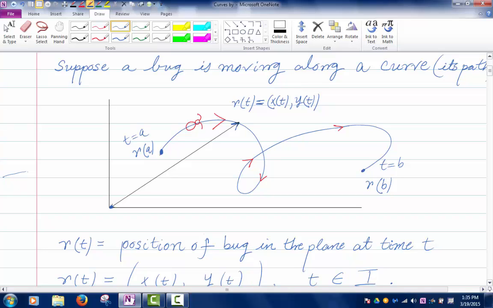Now, how would I describe the position of the bug? Well, at any moment t or any time t, I have to tell you what's the x coordinate of the bug and what's the y coordinate of the bug. So R of t is giving you the position of the bug at time t.